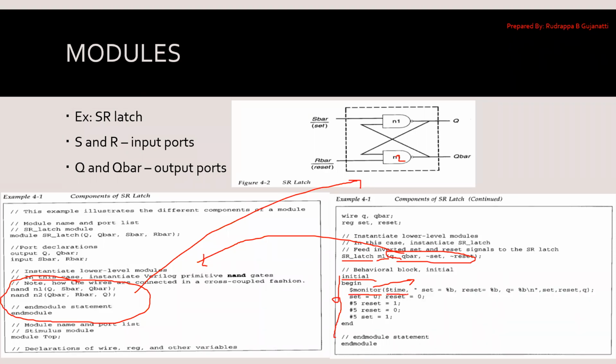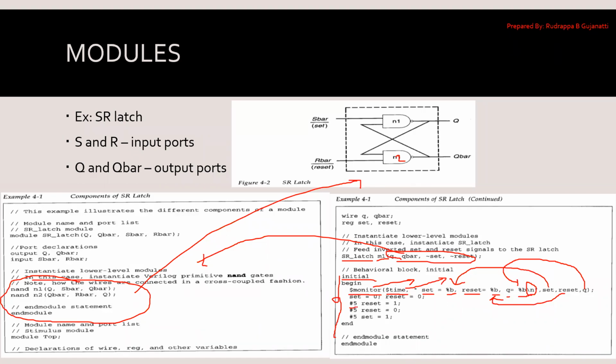Here it displays the time, and this is also a system task which gets the current time of the system. Then you have set, what is its value in binary, reset, what is its value in binary, Q, what is its value in binary, and then a new line. So here the parameters you need to pass are set, reset, and Q.